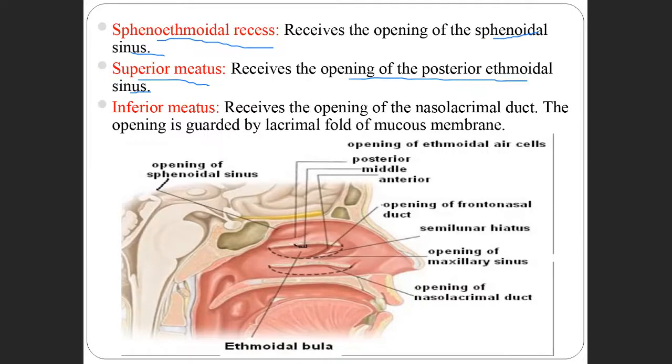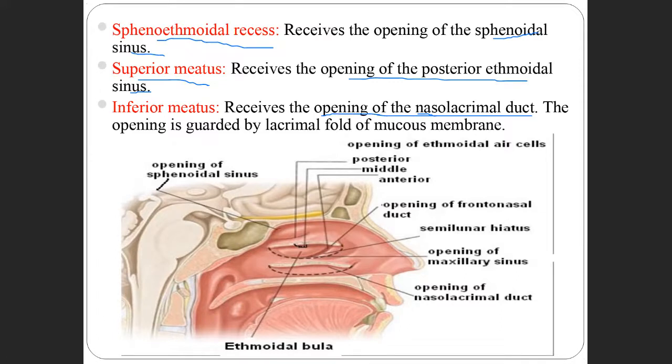In the inferior meatus, remember the inferior concha is the largest of all three. The inferior meatus receives the nasolacrimal duct. So these are very important things you should remember.